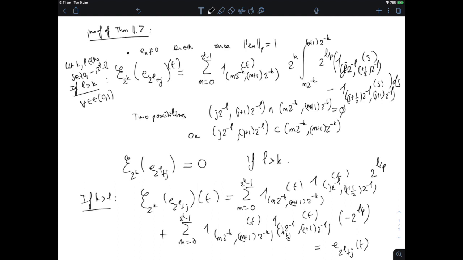It takes the vectors that correspond to a n of the form 2l plus j for a larger L and sends them to 0, so it kills all the ones after 2 to the k, and the ones before, it sends them to themselves. So it really looks like a projection, except we haven't quite treated the case k equal L yet.